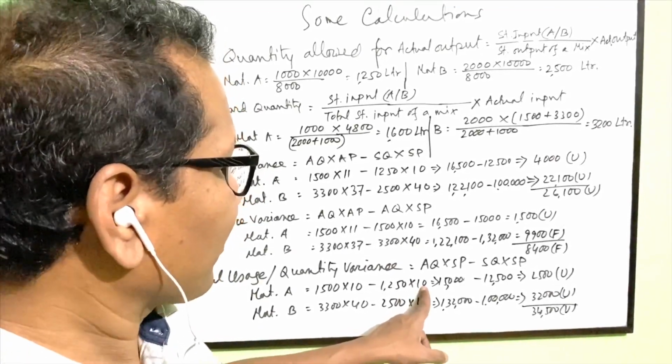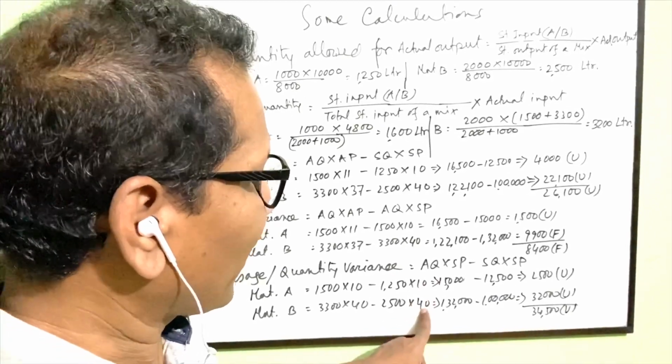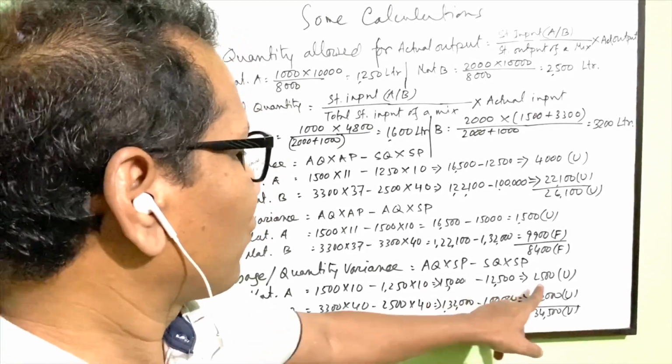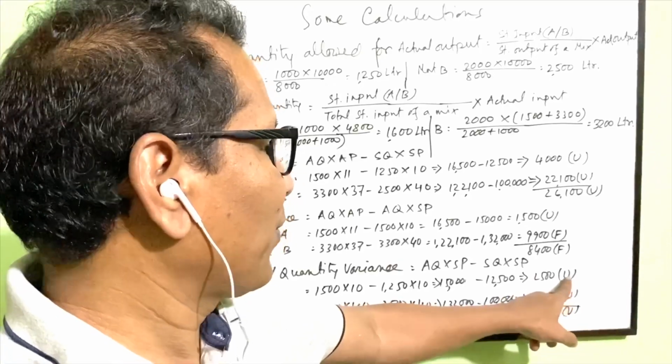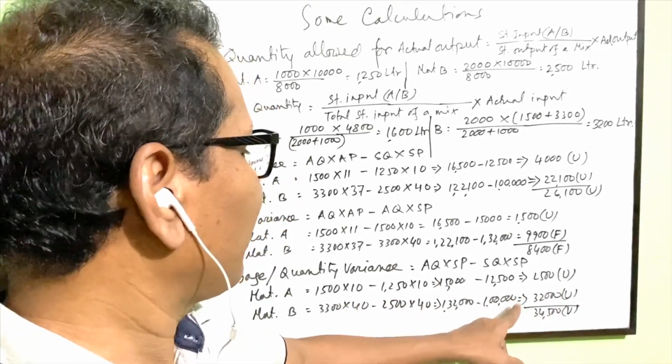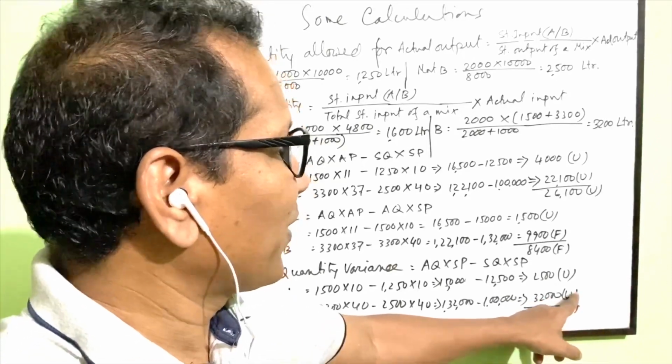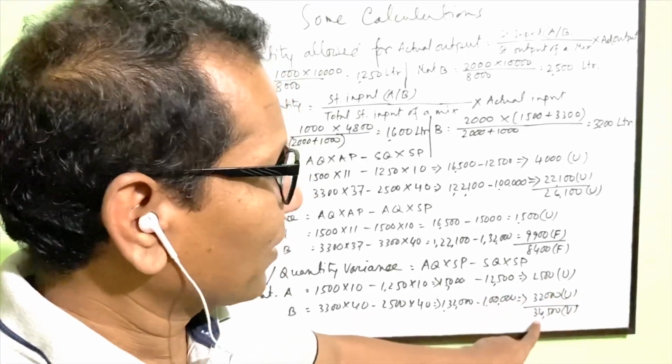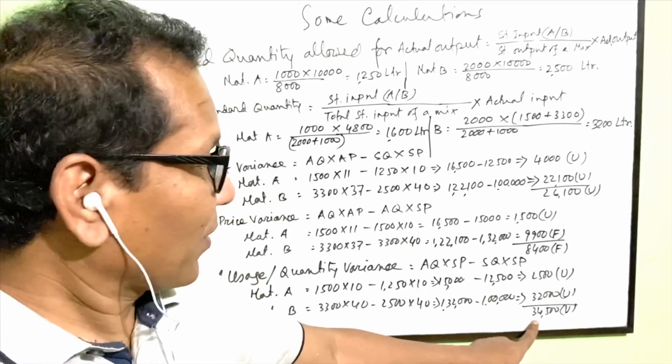So we get 2500 unfavorable variance for material A, and for material B 32,000 unfavorable variance. Total unfavorable variance is 34,500.